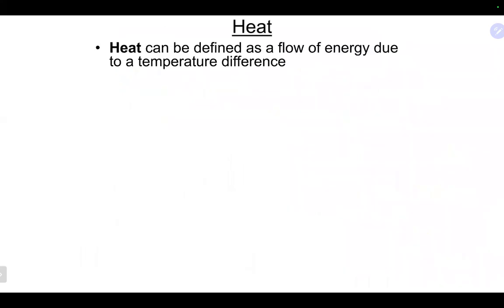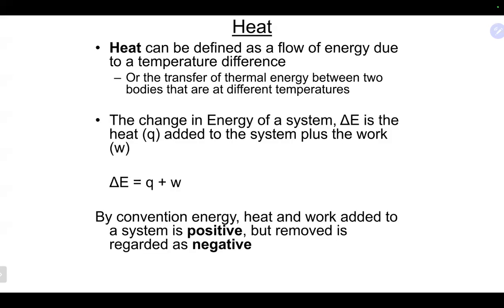All right. So a couple of finishing topics here. Heat is obviously a form of energy, as we talked about, due to that temperature difference, always flowing from hot to cold. The change in the internal energy of the system, delta E, is basically the heat, which is the Q that we've been calculating, plus the work.